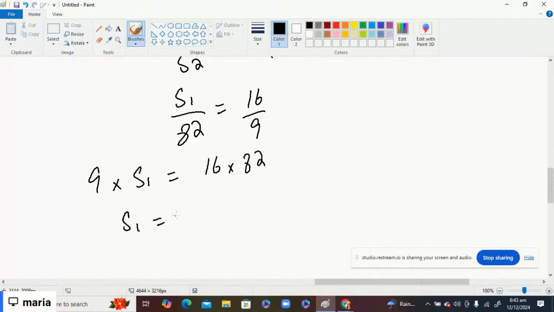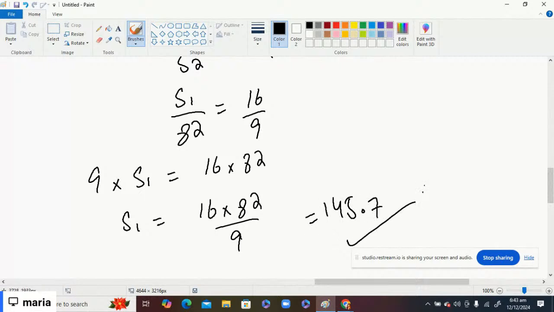So S1 is 16 times 82 over 9. Let's see what's the answer when you multiply. Then we check. 16 times 82 over the 9. That is 145.7. This is the answer of that question. That is the surface area of S1.